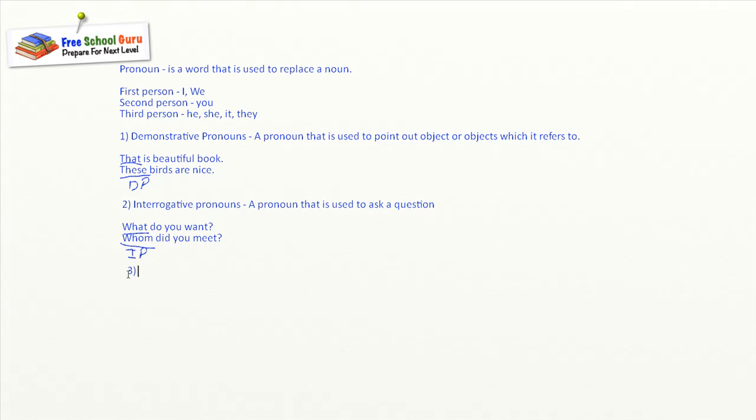So the third type of pronoun, reflexive pronouns. Very easy to understand. So I will start with some examples so that you understand. The pronouns like myself, ourselves, yourself, yourselves, himself, herself, themselves, when used as the receiver of an action, are called reflexive pronouns.